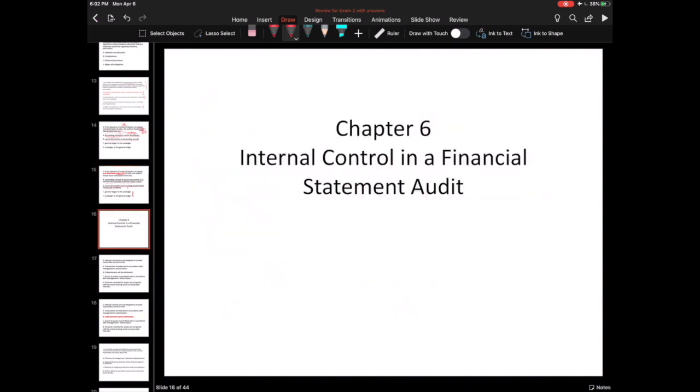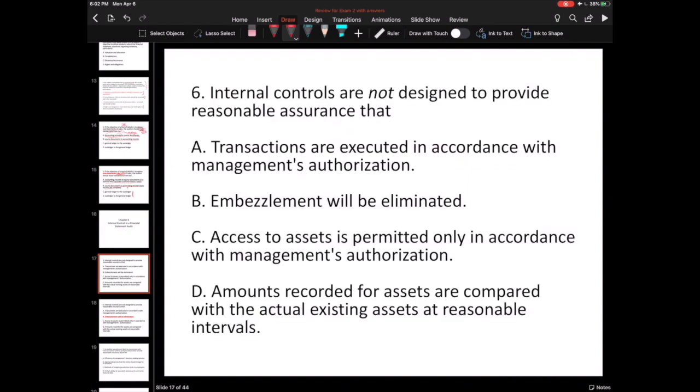So moving on to chapter 6, questions. Internal controls are not designed to provide reasonable assurance that, okay, this is kind of an easier question for us.